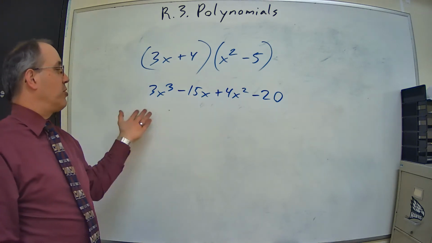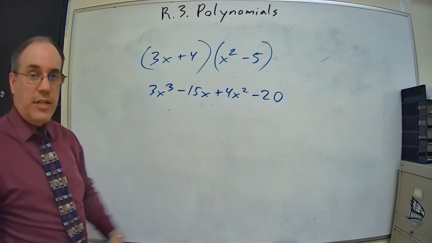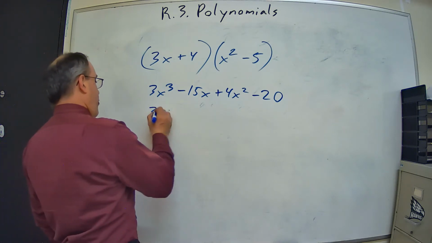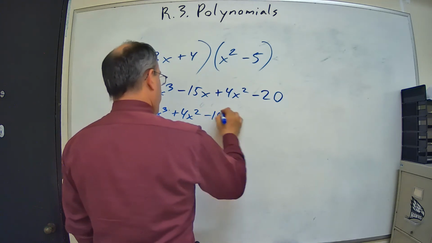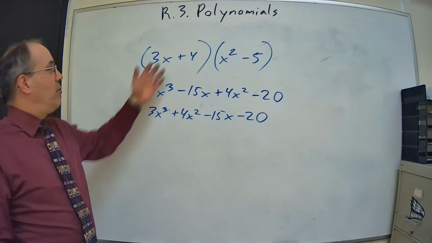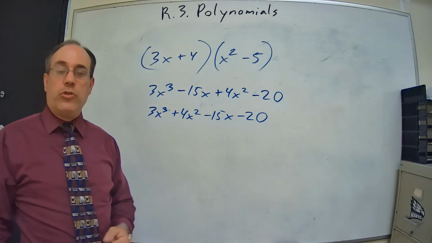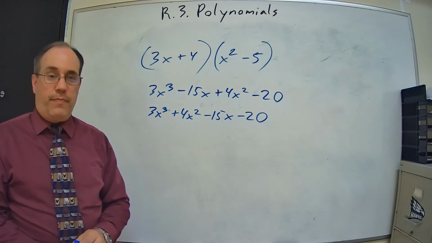Now, combine like terms if we can. We can't, but we can put this in descending order. So 3x cubed plus 4x squared minus 15x minus 20. So multiplying two binomials, well, that's one way we can do this.